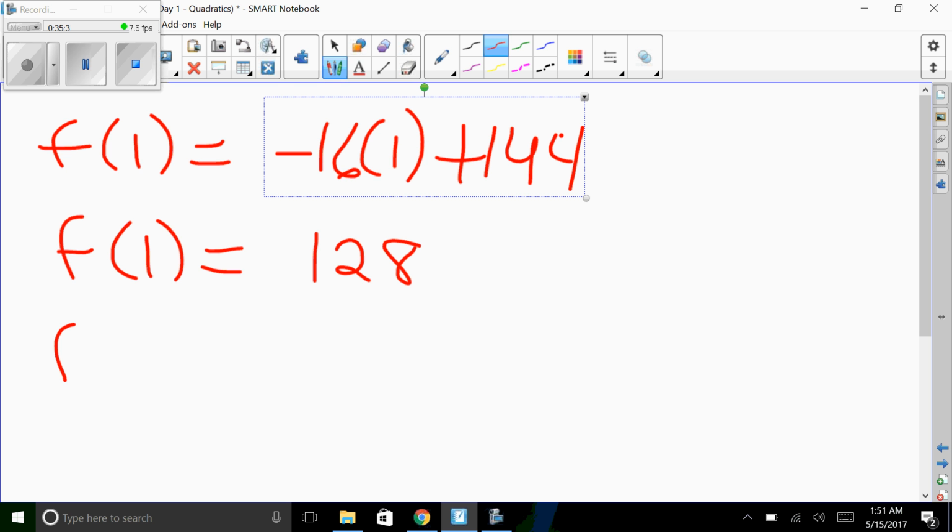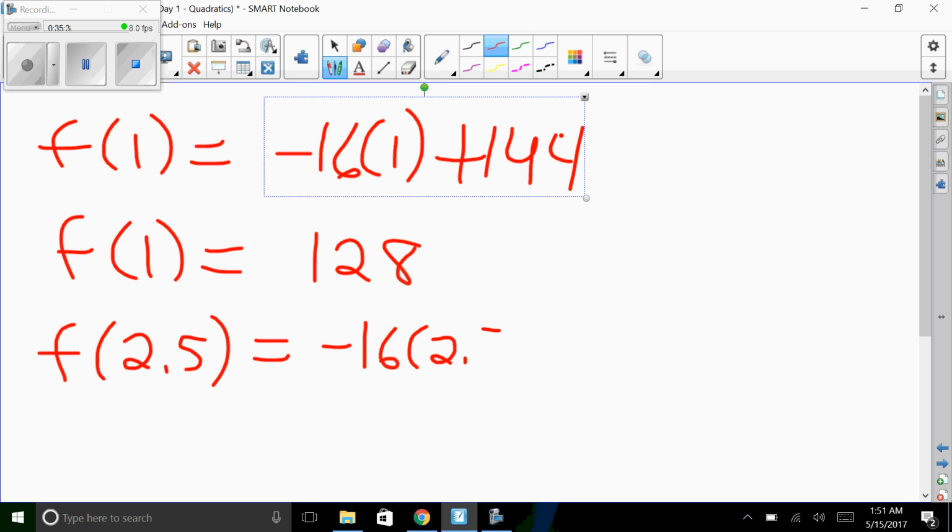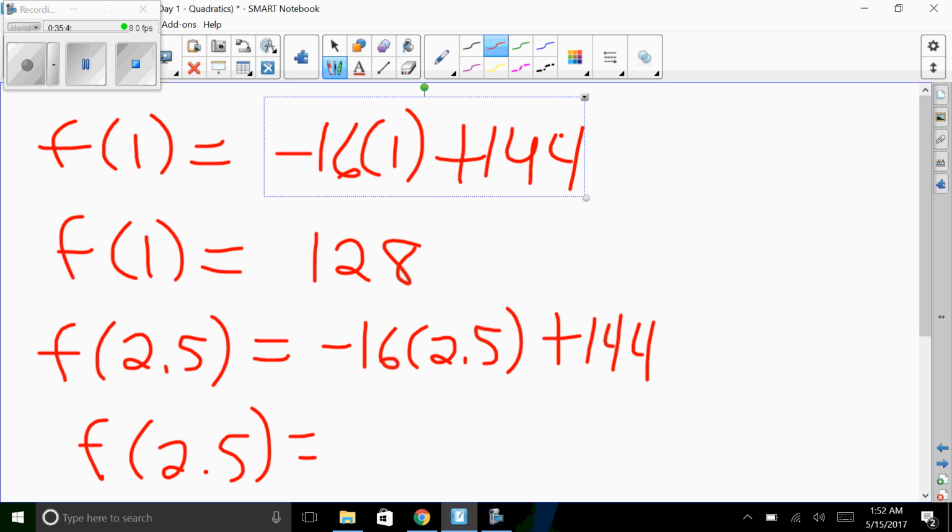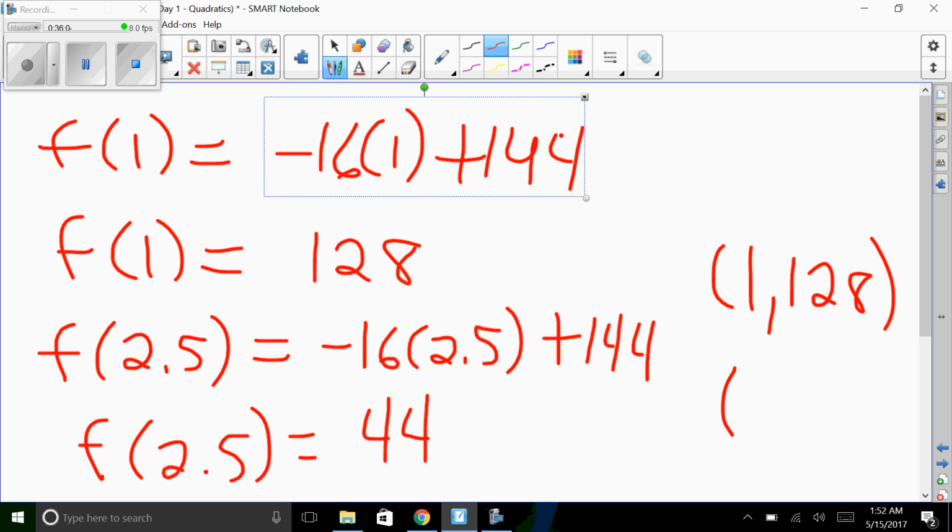Alright, then I'm going to plug in 2.5 for x. That's going to give me 44. Okay. So my two coordinates are 1, 128, and 2.5, 44.